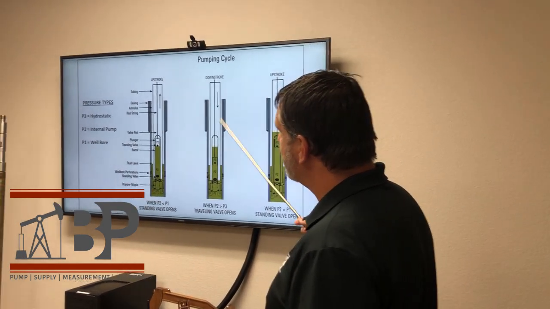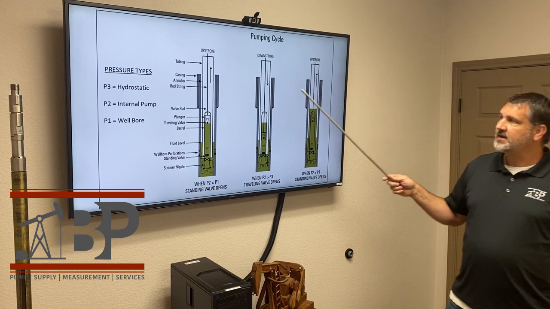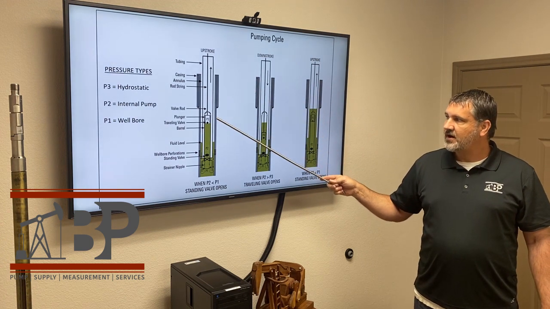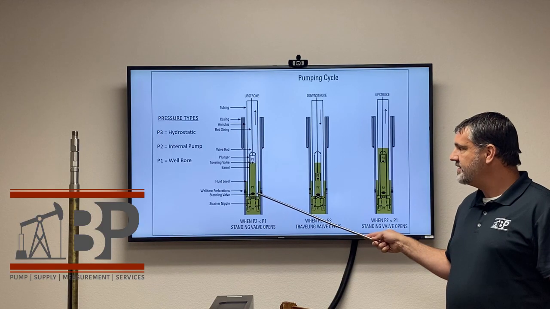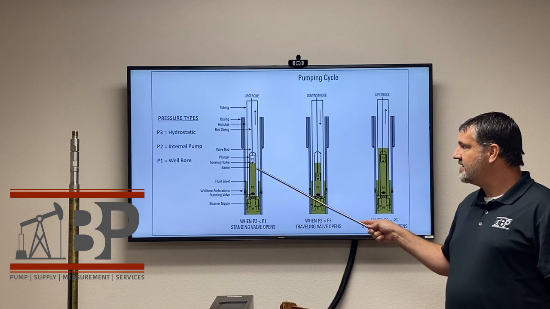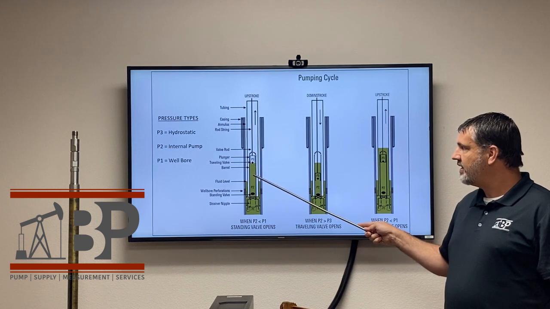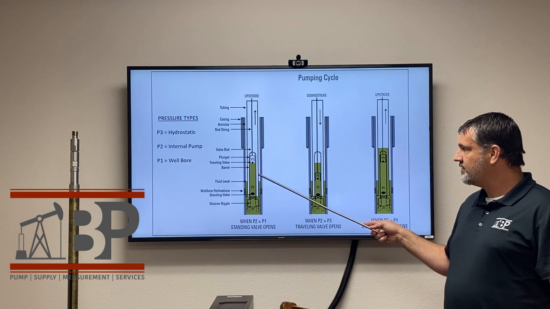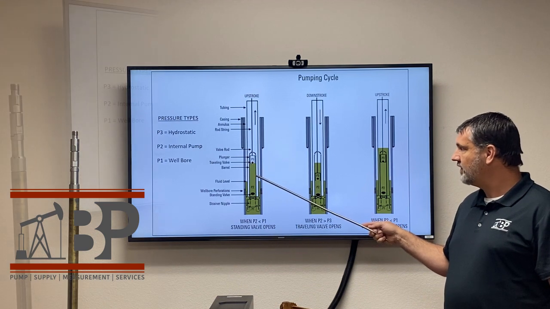To summarize quickly, on our upstroke, we have our traveling valve closed and our standing valve open. Our wellbore pressure is greater than the internal pressure of our pump, allowing our standing valve to open and the internal pump to fill with fluid.